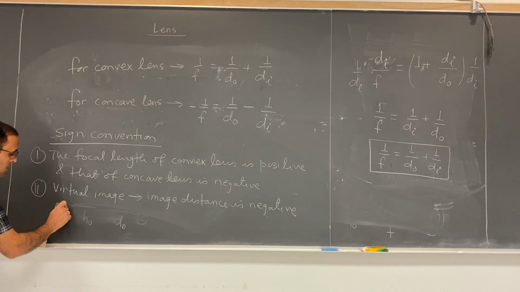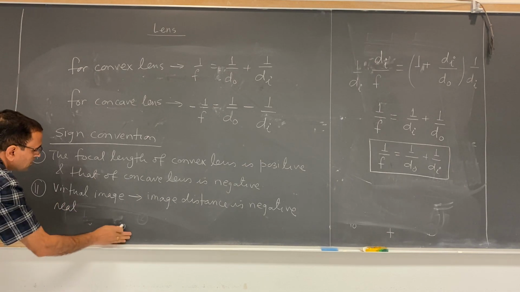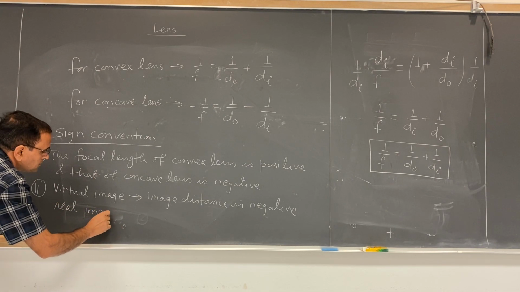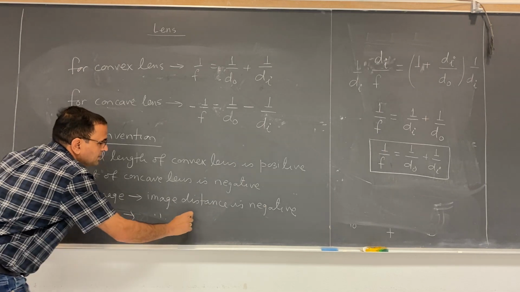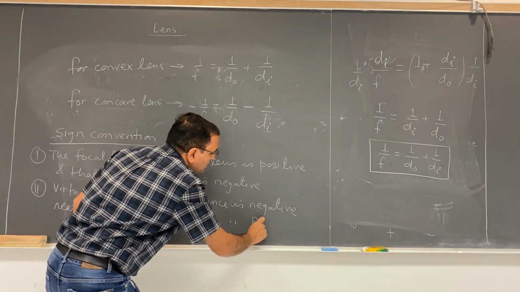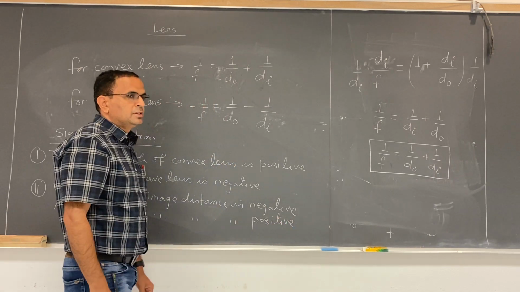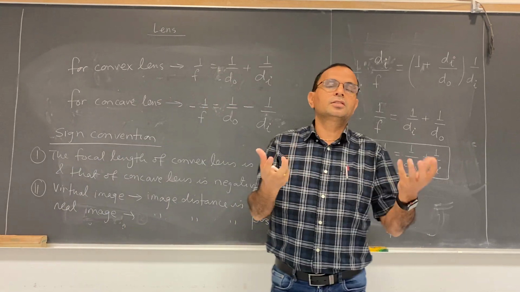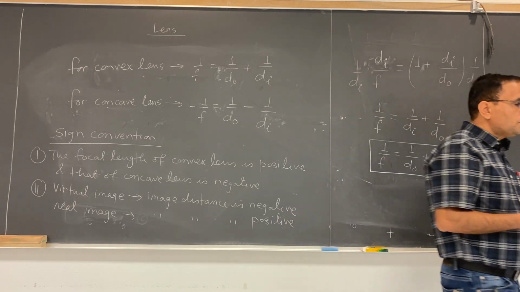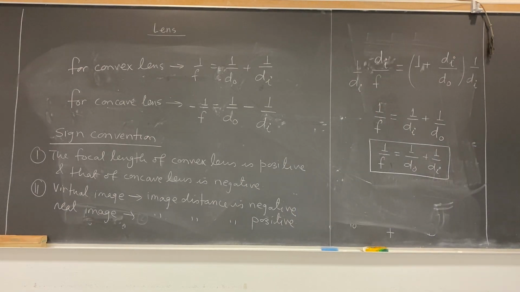If you have a real image, the image distance is positive then. And another sign convention is, if you have an upright image, the image height is positive.